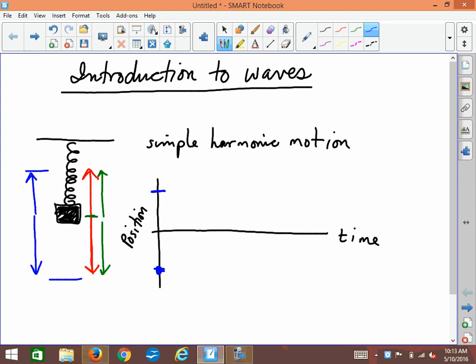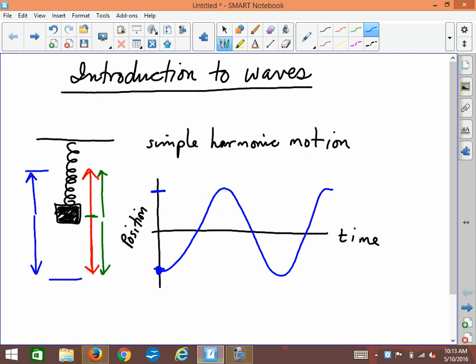So the graph would show this, up, up, up, up, up, until I got to the middle. But then I would go past the middle, up, up, up, up, and then I would get to the top. And then once I got to the top, I would spring back down again, down, down, down, down, down, and all the way down. And this is what the picture would look like if we kept going.